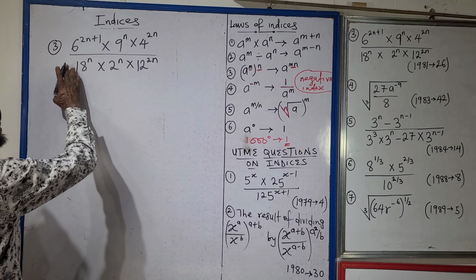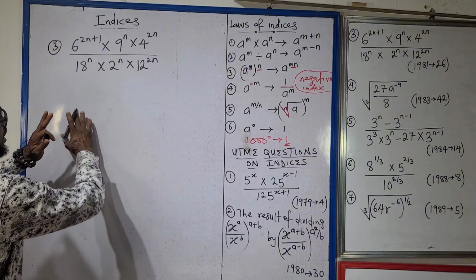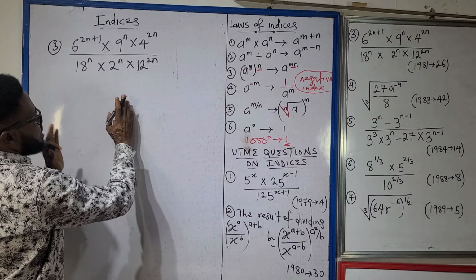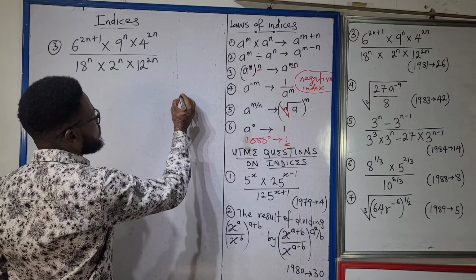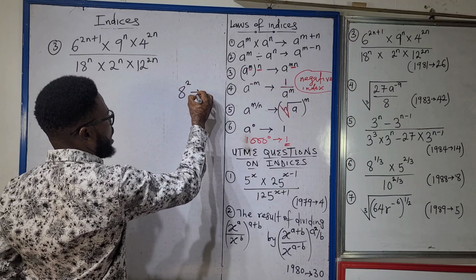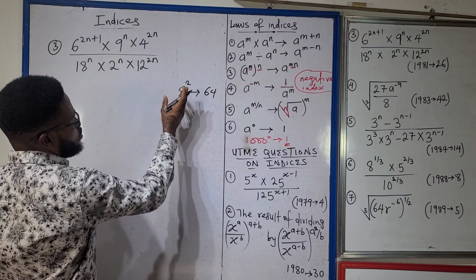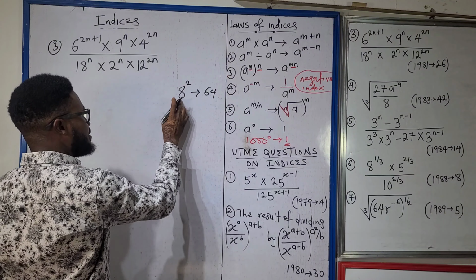Okay, what we have here is this. Looking at everything we have here, let me quickly point out that imagine I have h raised to power 2. H raised to power 2 is 64. So I need you to know that since I have 8 here, 8 means 2 times 4, all raised to power 2.